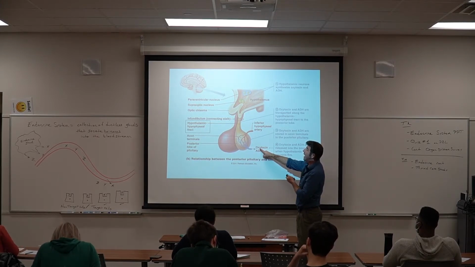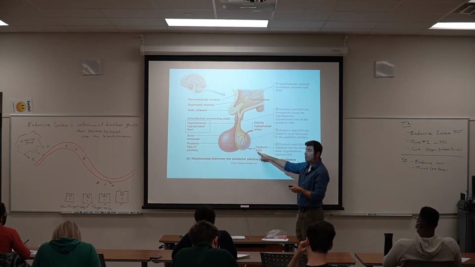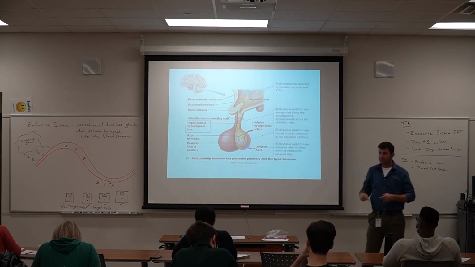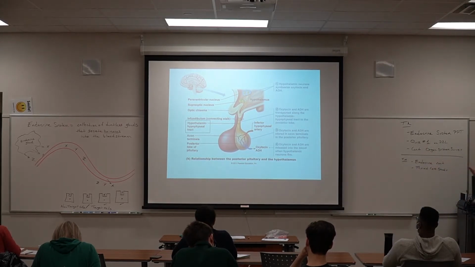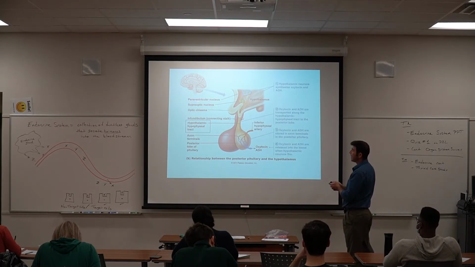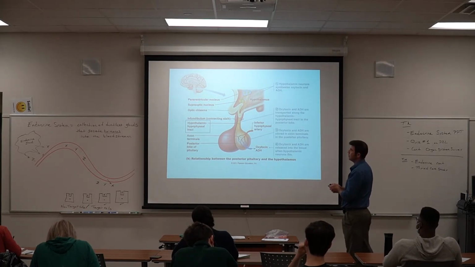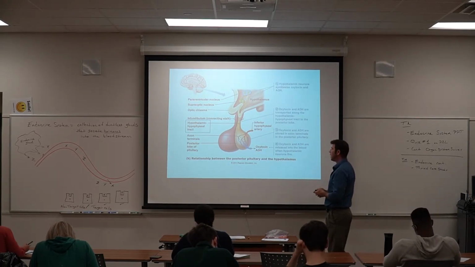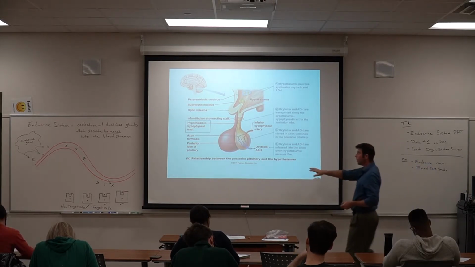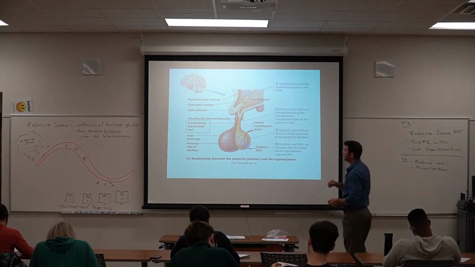And you even see an A in paraventricular, and there's an A in antidiuretic hormone, and it would be sweet if they just lined up, but they don't. It's the opposite of that. So as long as you can remember that, then when you're filling out the questions on the lecture handout: paraventricular nuclei, oxytocin. Supraoptic nuclei, antidiuretic hormone. We'll talk about where they go and what they do in just a second.